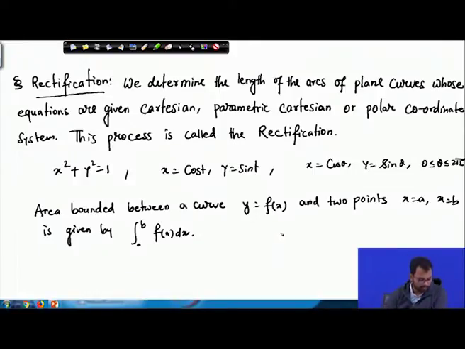Now similarly, the rectification or the length of the arc can be calculated in the following way.